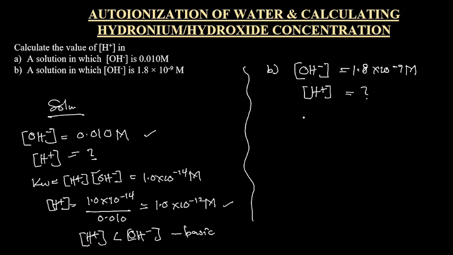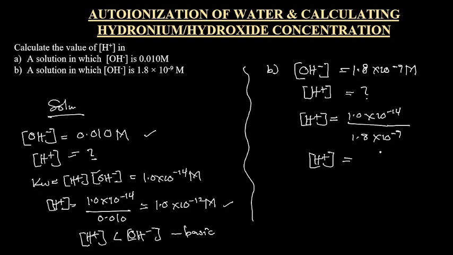So H plus concentration is going to be equal to 1.0 times 10 exponent minus 14 divided by 1.8 times 10 exponent minus 9. So H plus will be equal to 5.6 times 10 exponent minus 6 molar.